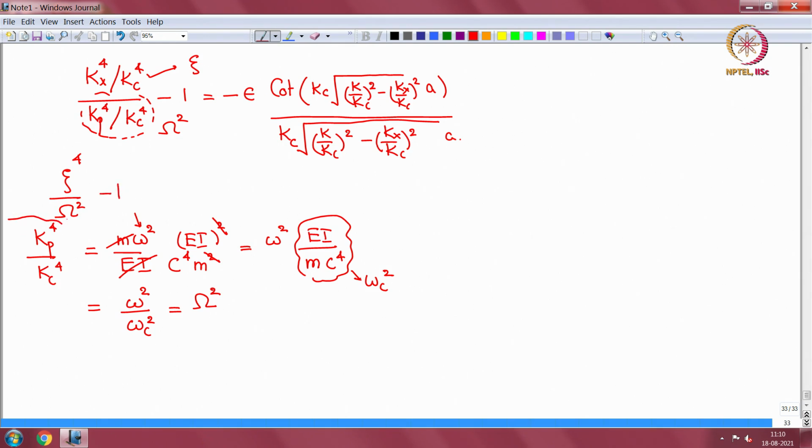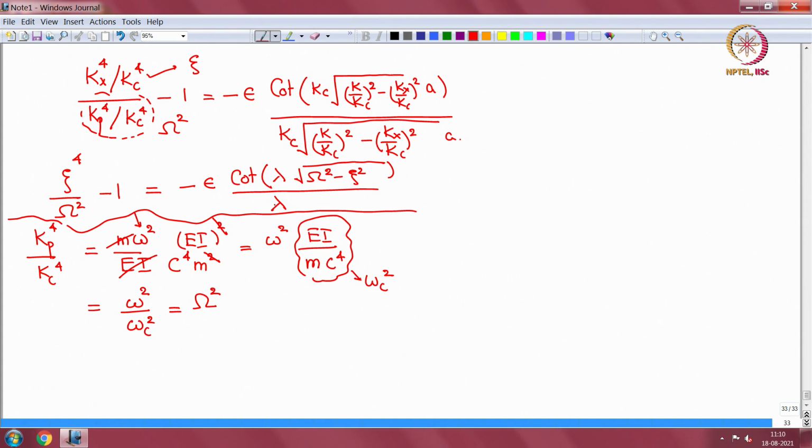So, let me separate a little. That is equal to minus epsilon cot of kc times a, which is lambda, square root of k by kc omega squared minus xi squared, by lambda square root of omega squared minus xi squared.